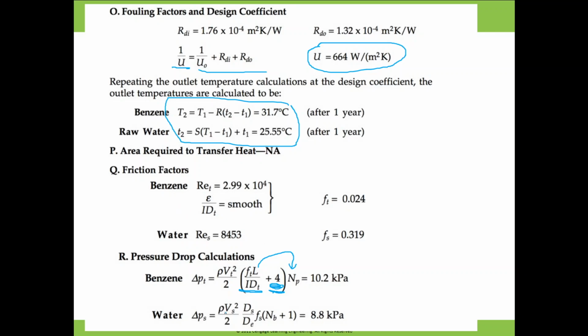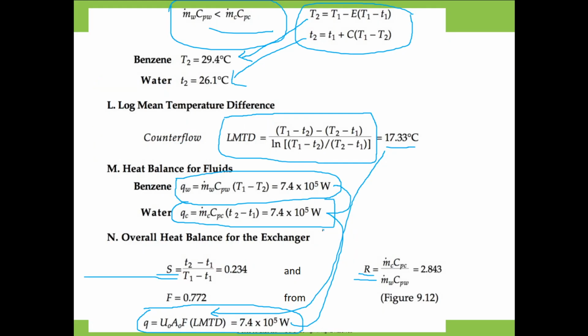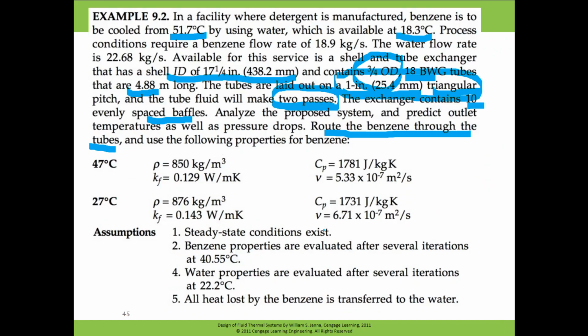The friction factor we can calculate based on the Reynolds number and epsilon over D, which comes out to be 0.024. As for the shell side, we have a correlation for the friction factor based on the Reynolds number, so we will use that correlation for the shell side.